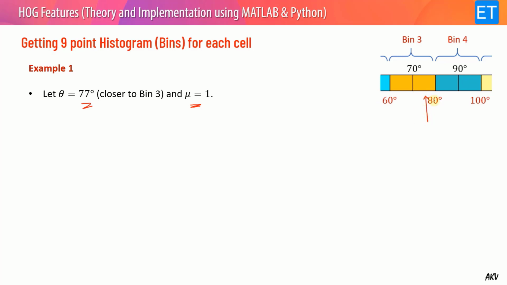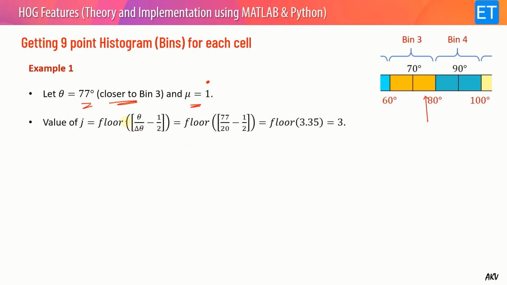It is closer to the center of bin 3, so I have written here that it is closer to bin 3. Now let's see how the value of mu, I mean the 1, is distributed to the jth and j plus 1th bin. First I have to find the value of j.